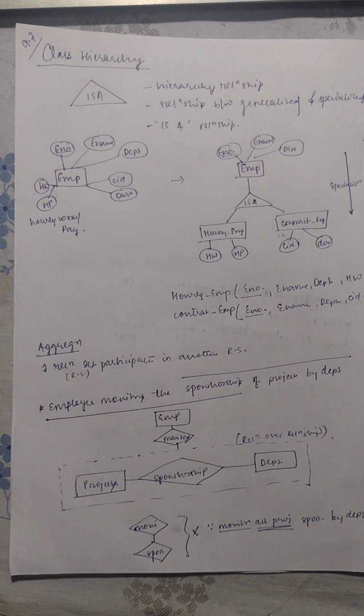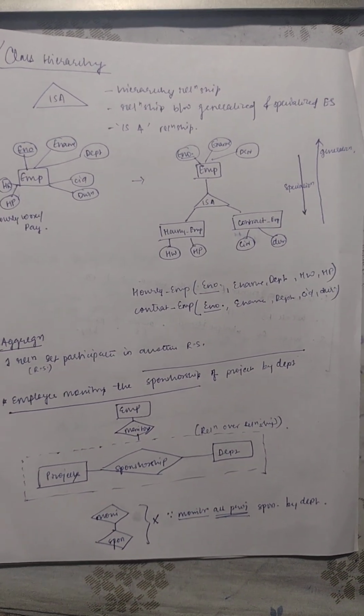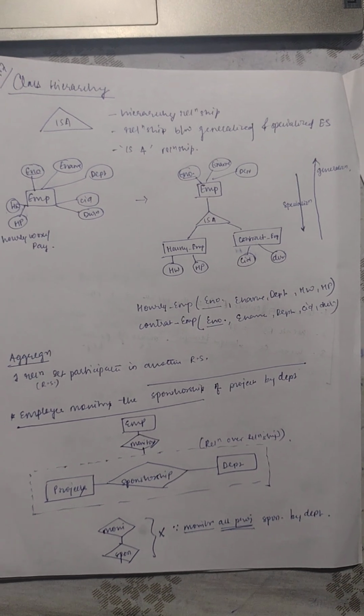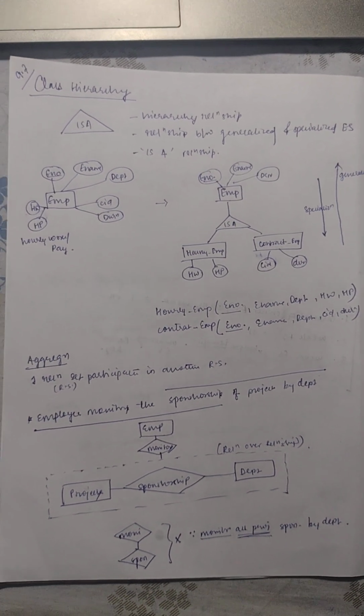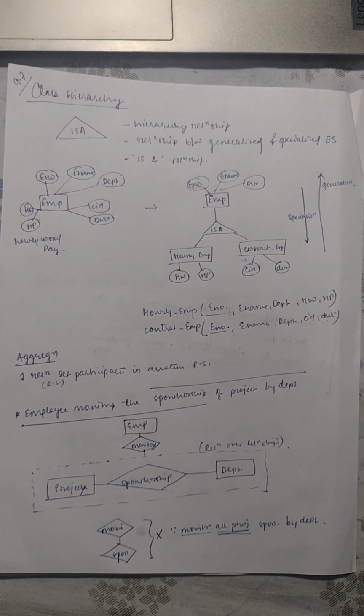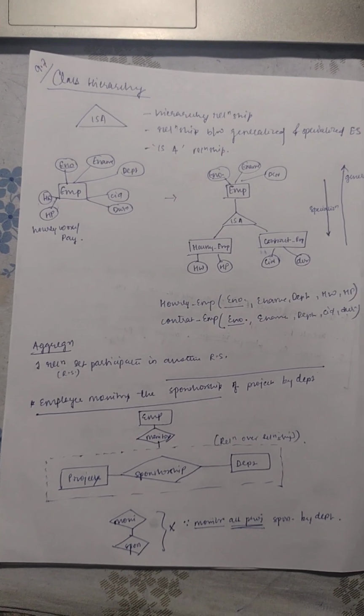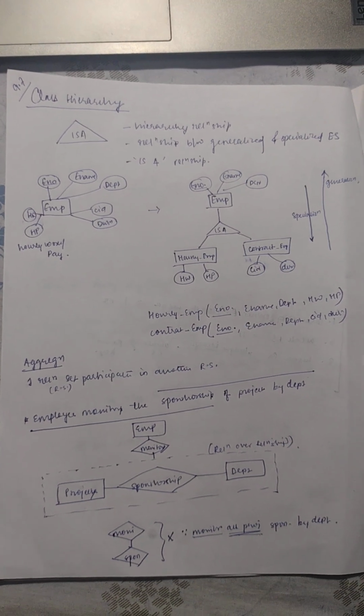And the last part is the aggregation topic, in which, since we have already discussed so many variants of entity set, this is one variant of a relationship set. If one relationship set participates in another relationship set, there is an aggregation kind of property, we could say.